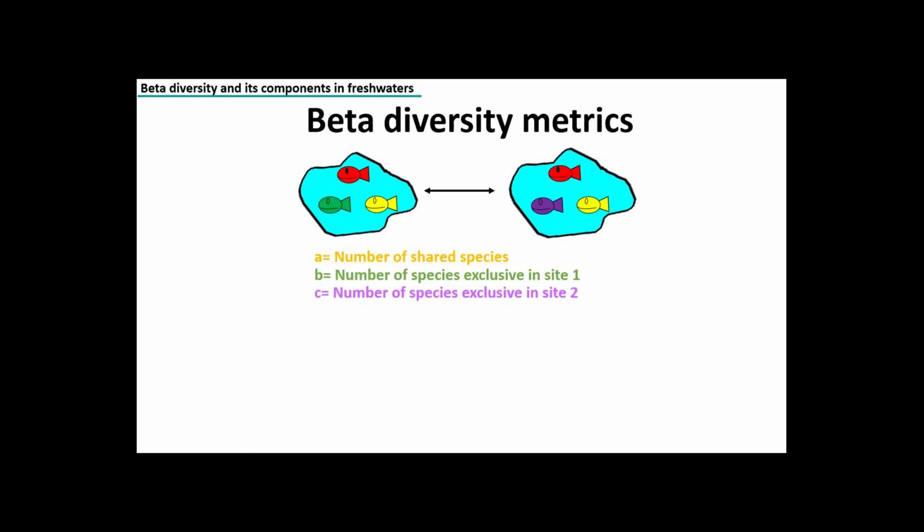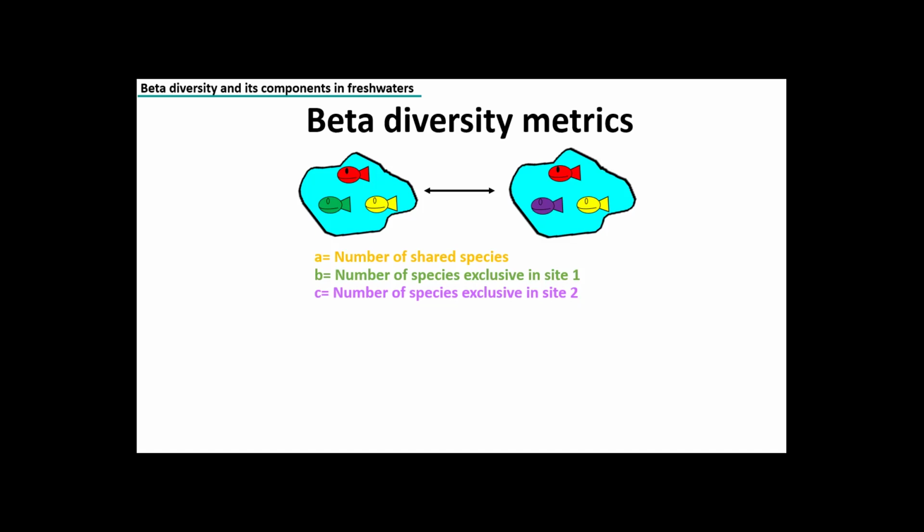So here, what is the number of shared species between these two lakes? How many species do we have in common between these two lakes? You can type in the chat if you want. So we have the red and the yellow species present in both lakes.